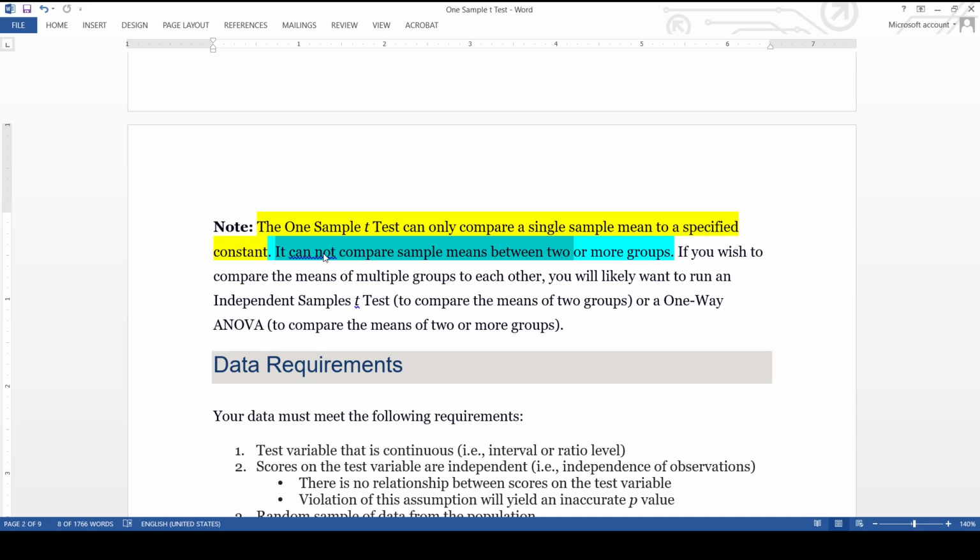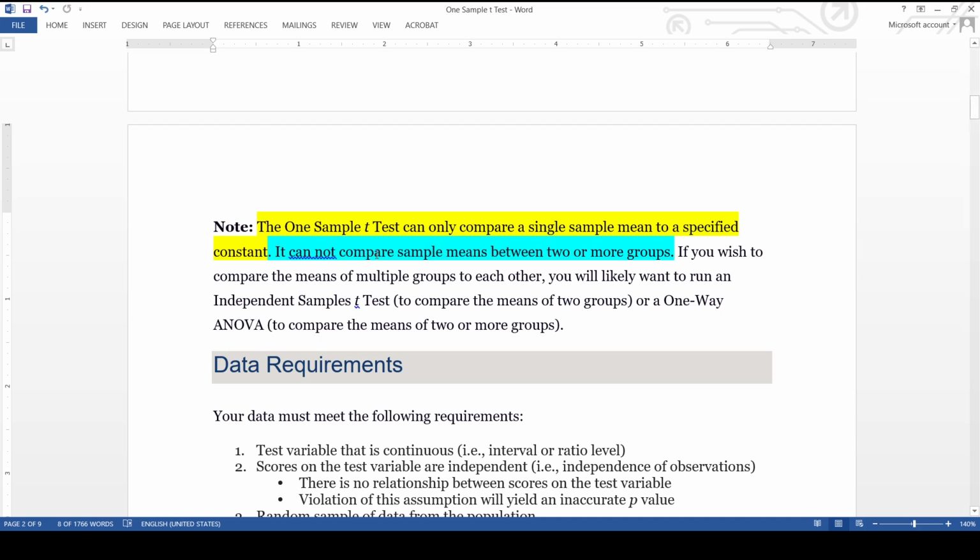ANOVA, analysis of variance. And when do we use mostly analysis of variance? We use it for experimental cases. For example, we can compare dependent and independent variable. We can compare experimental and what? Control, when we have two different means of two groups. So for one single mean to a constant, we use a t-test.